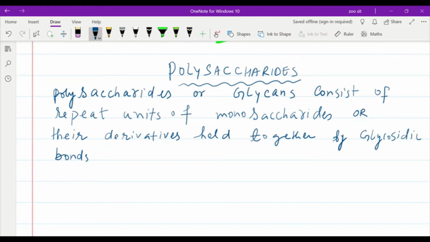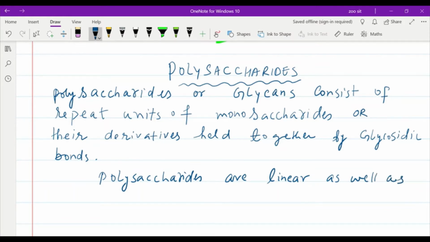Polysaccharides are linear as well as branched polymers.